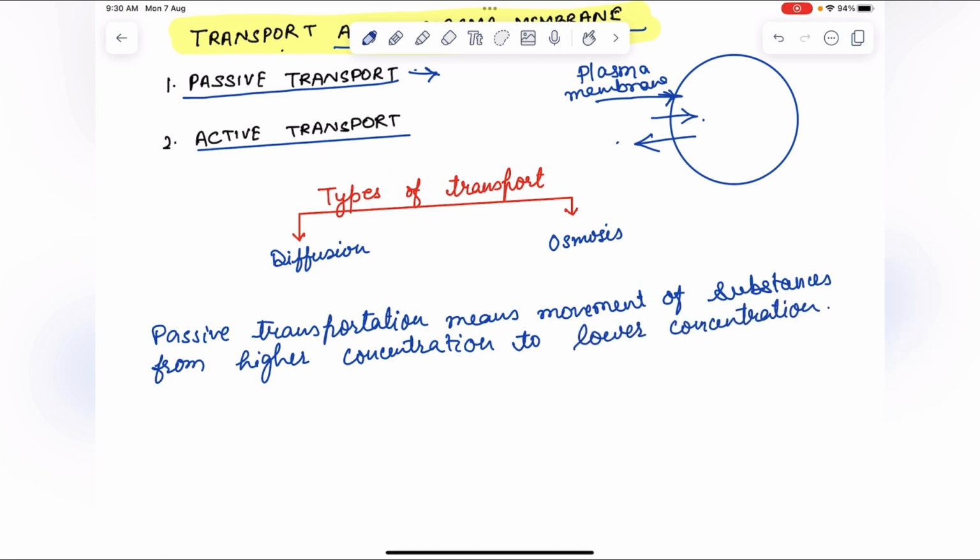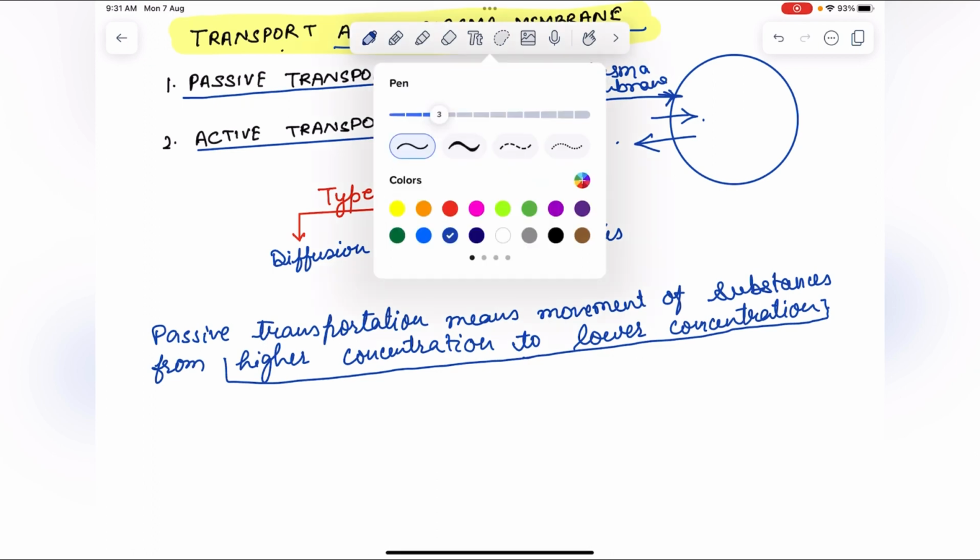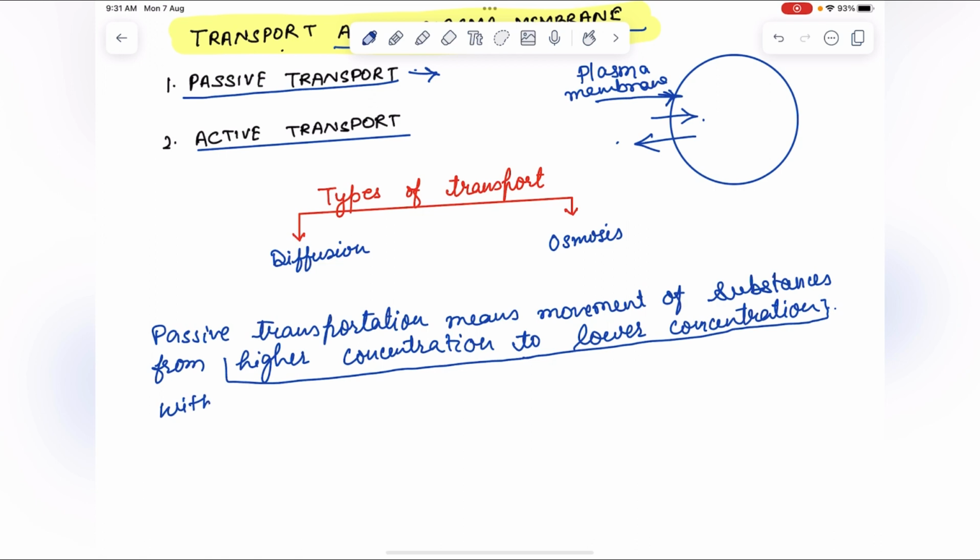Moving from higher concentration to lower concentration is called the concentration gradient, without the expenditure of energy. Energy is not required for the movement of molecules across the plasma membrane.